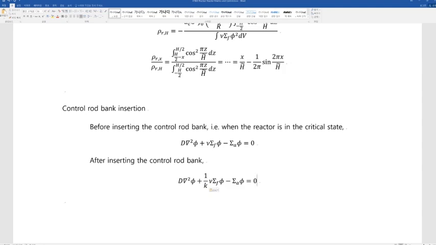Once again, we are going to slightly manipulate the equation.